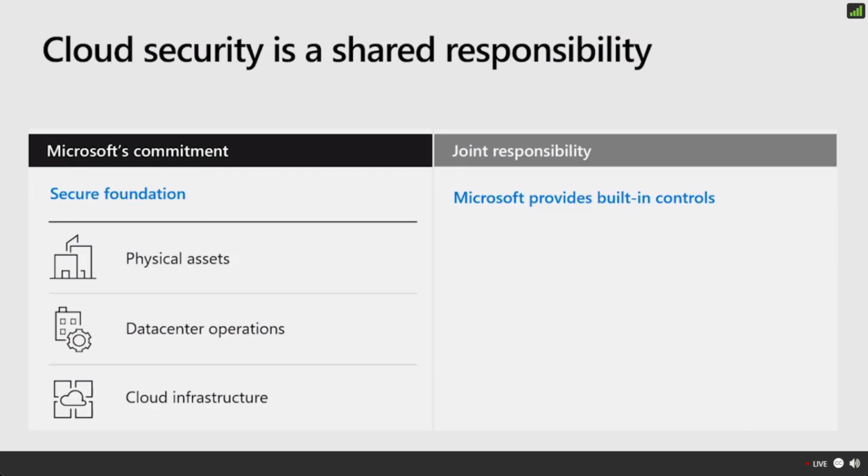And so Microsoft, we internally spend billions on security and making sure that our assets are secure, but also our customer assets are secure. And so we want to take advantage of our knowledge and share that with our customers and provide our customers the built-in tools and controls to make their workloads and their deployments secure.